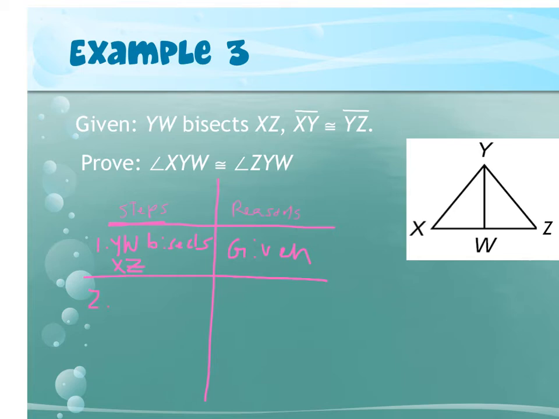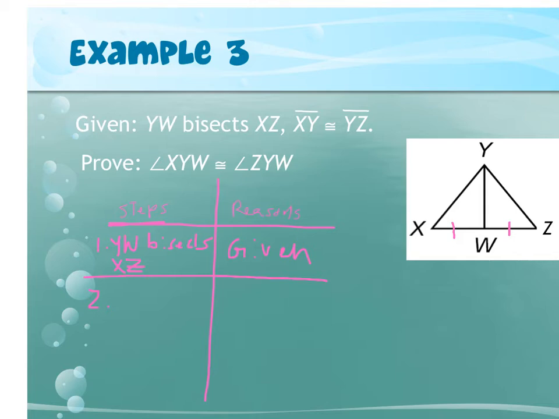Now, what does it mean to bisect? Like cut it in half. So if we're cutting segment XZ in half, what are we making? Two congruent parts. So we have XW is congruent to WZ, because this segment YW is cutting this one in half.